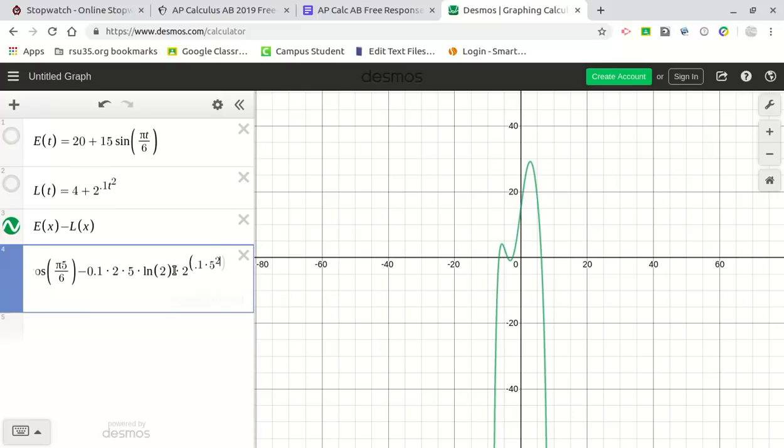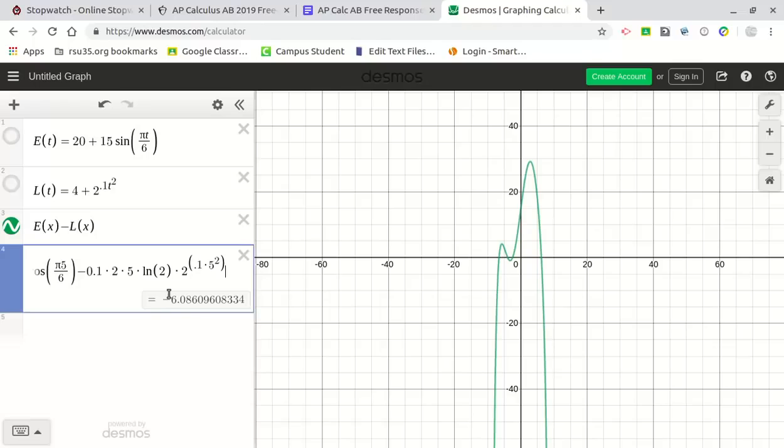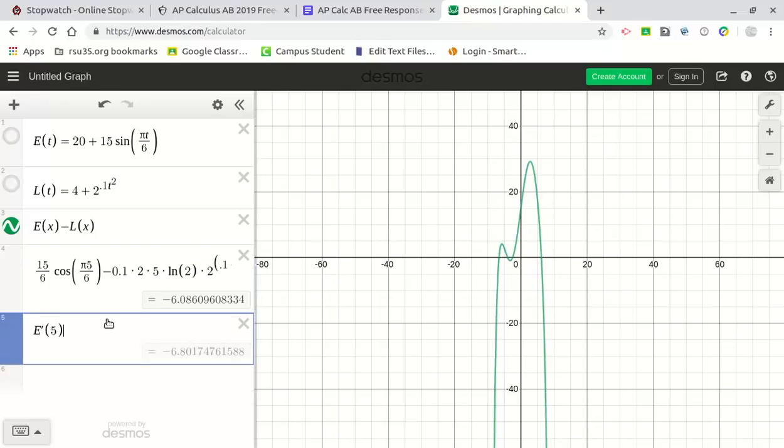That is negative 0.60861. To check my answer, I can also use numerical derivatives, so this will give me the numerical derivative. Ooh, I did something wrong.